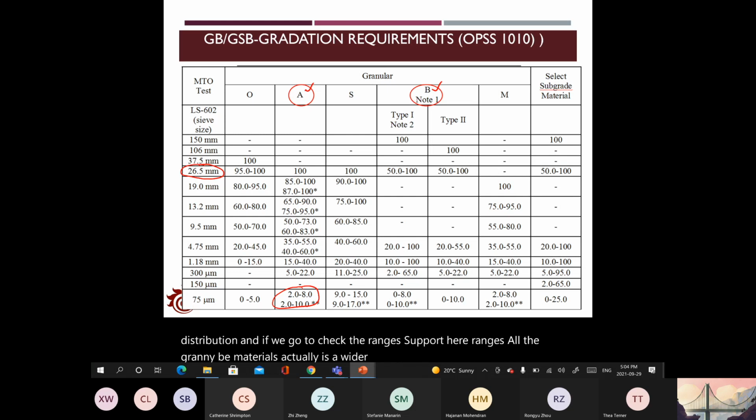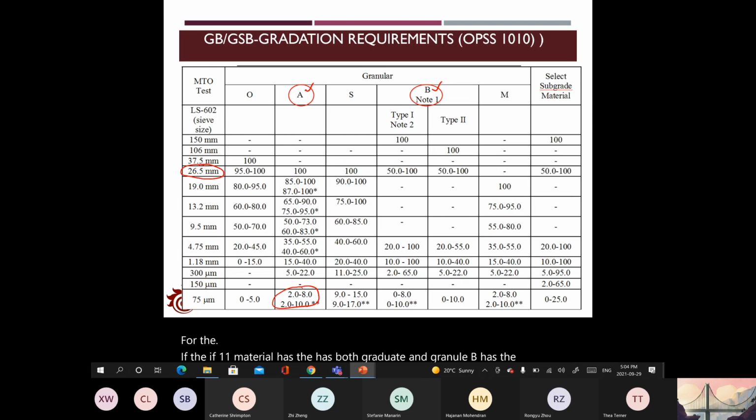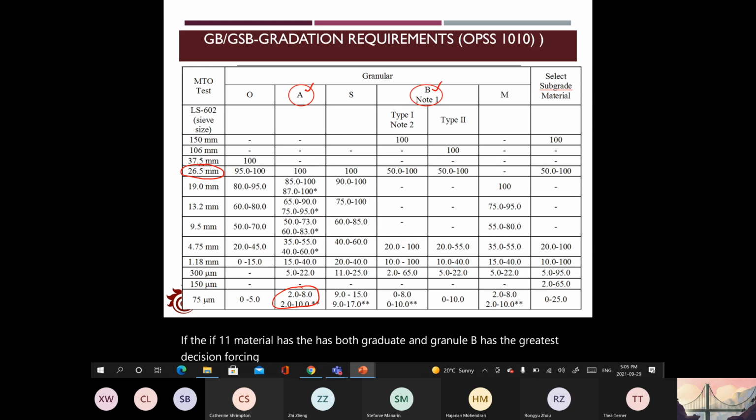Most of the grain size distribution of the Granular A materials will actually be covered by the Granular B material, but there will be some differences. Sometimes Granular A and Granular B may have the same grain size distribution, but if one material has a grain size distribution fitting both Granular A and Granular B, but the physical property is poor, then usually we will define it as the Granular B material.